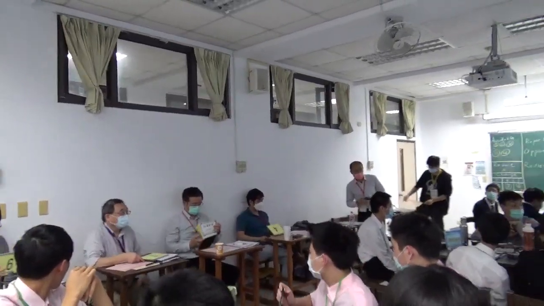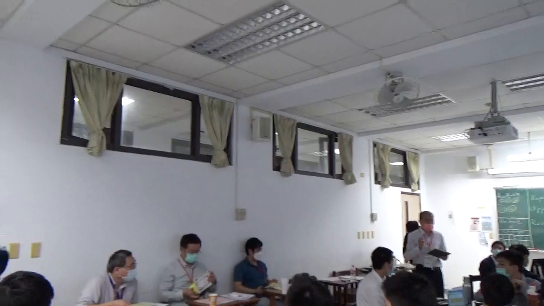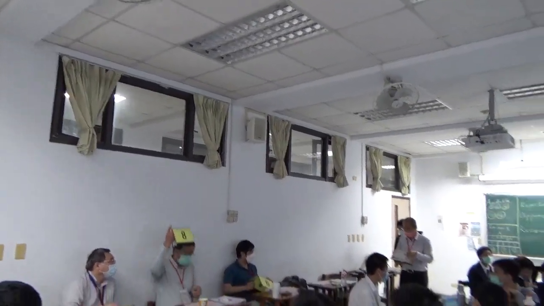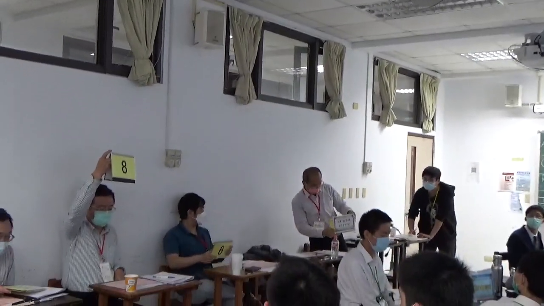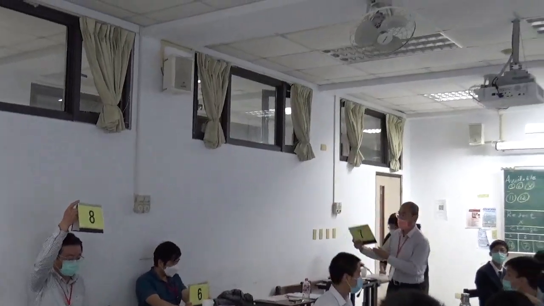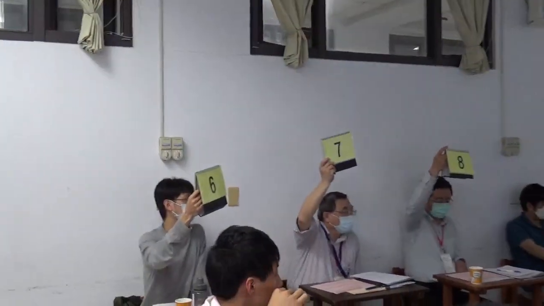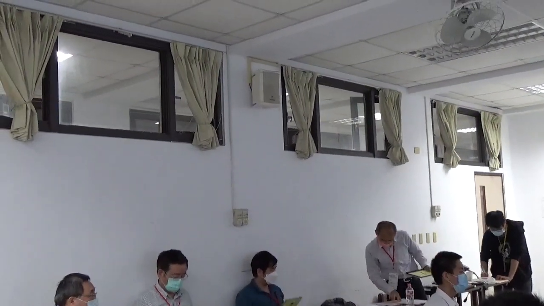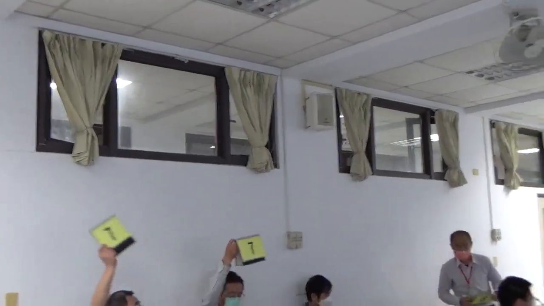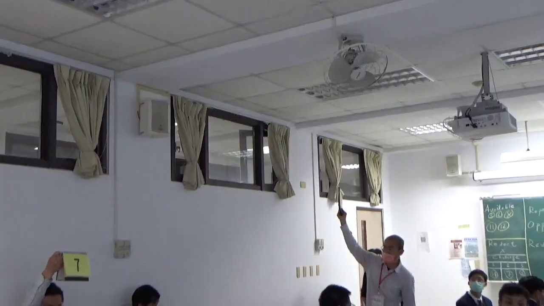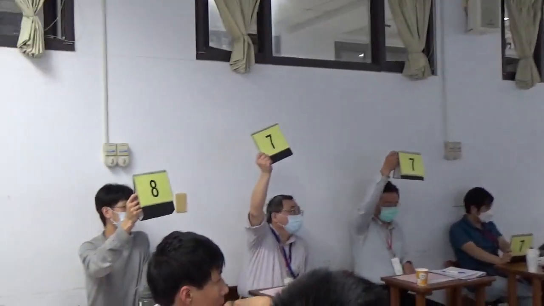And then grades for the opponent: 7, 6, 8, 7, 6. And finally, grades for the reviewer: 8, 7, 7, 7, 8.